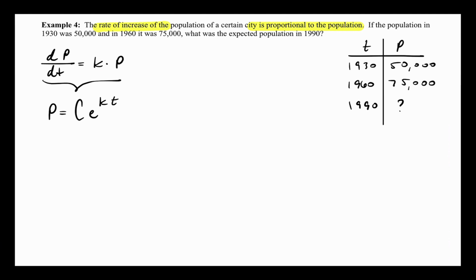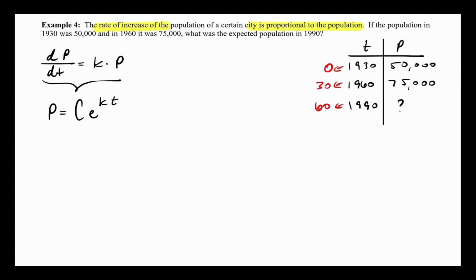Just a question before, as you're working. As I create my table, they give me years, 1930, 1960, 1990, right? That's for time. What would probably be a better way of doing time as opposed to that? Because I'm going to have to plug in 1,930. That's a big number to plug in. Instead of 1930, you can put 0, 1960 is 30, and then 1990 is 60.